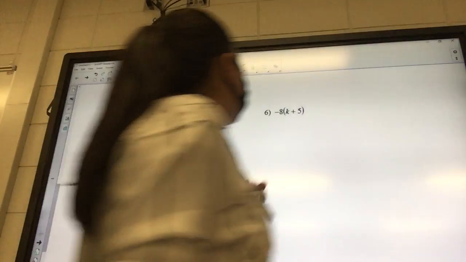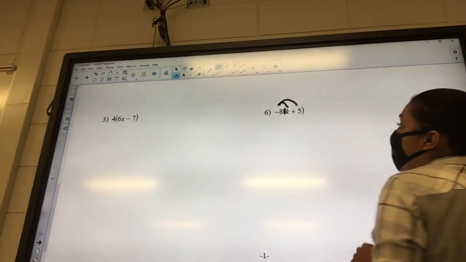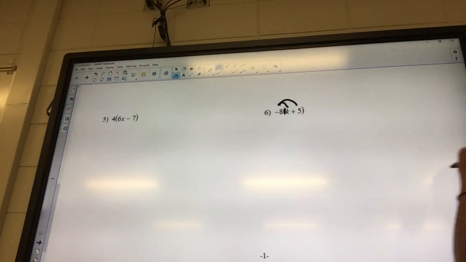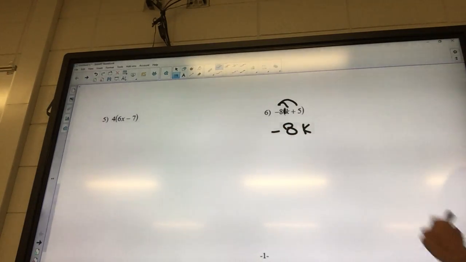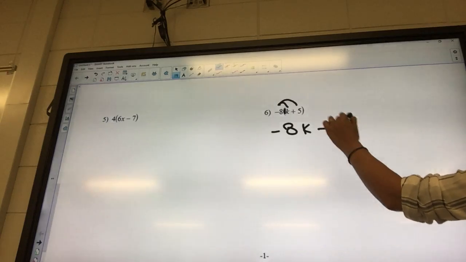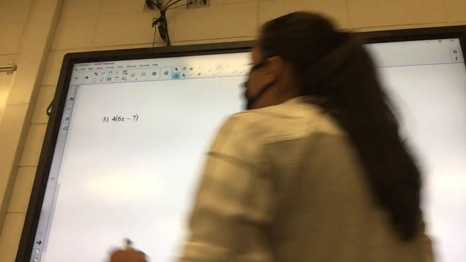We're going to distribute negative 8 times 1 because there's a 1 right here. Negative 8 times 1 is negative 8. Negative 8 times 5 is minus 40. Do you want me to do 7 or 8? 8.